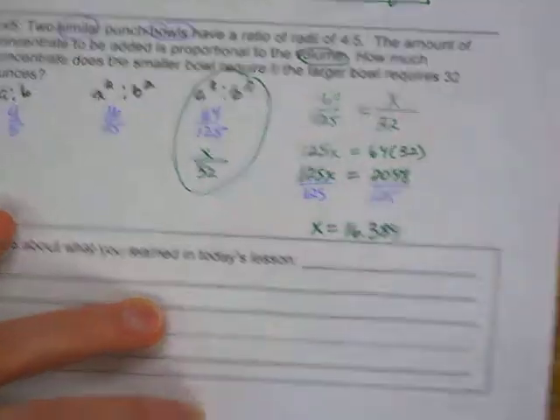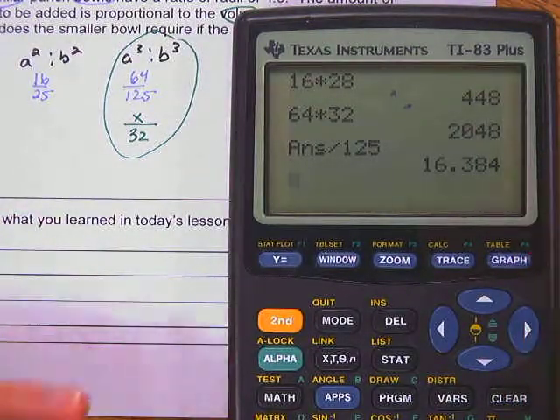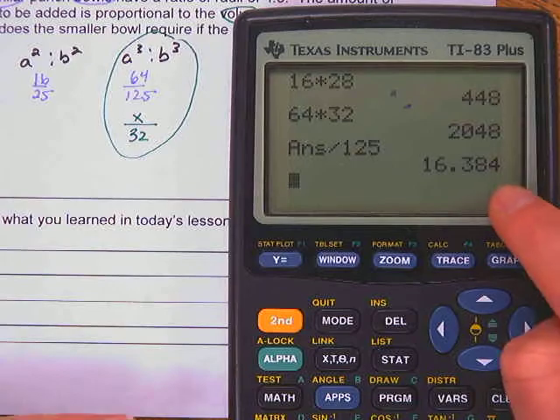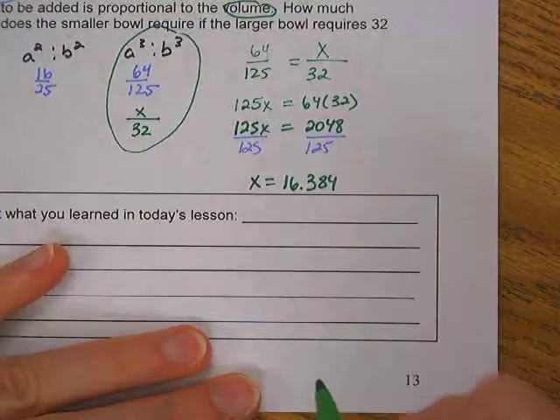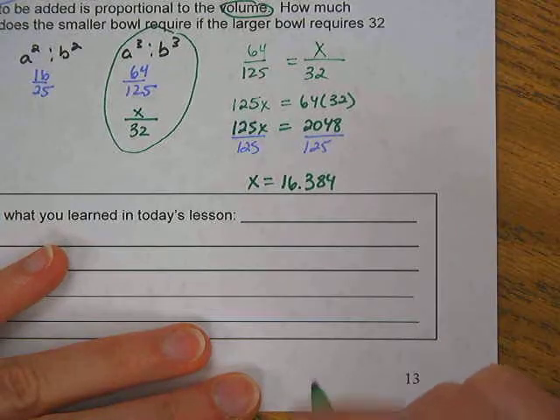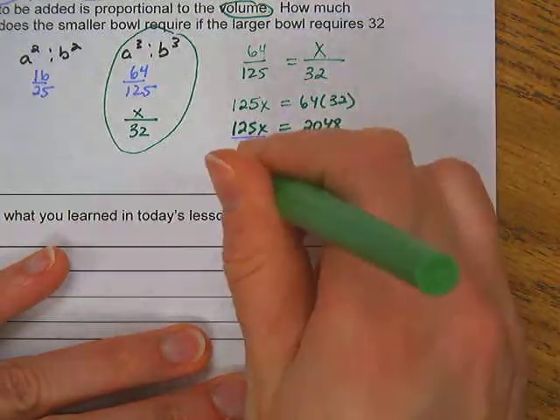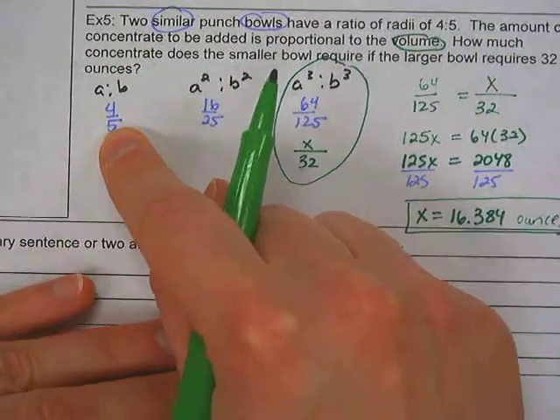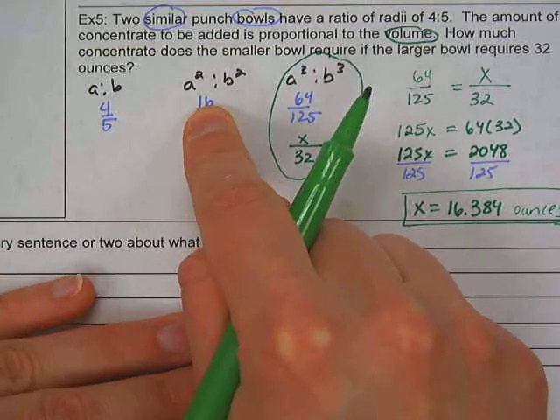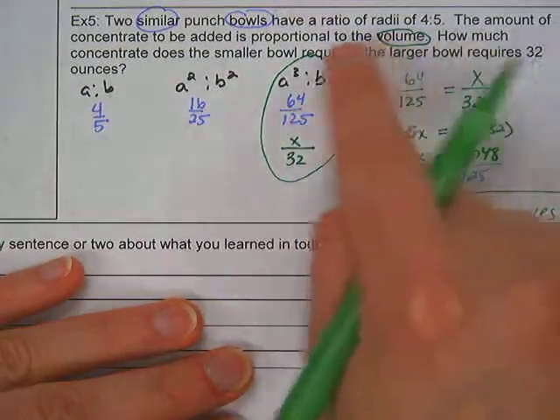To solve this, I'm going to divide both sides by 125. x equals 16.384. Now, because the decimal terminates, it doesn't keep on going, I feel no need to round. I'm just going to leave it as the 3 decimal places, and that's going to be the answer, so 16.384 ounces.